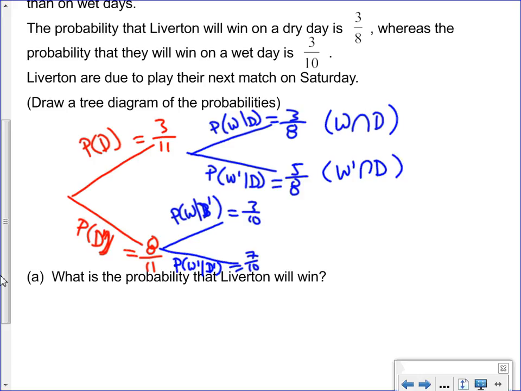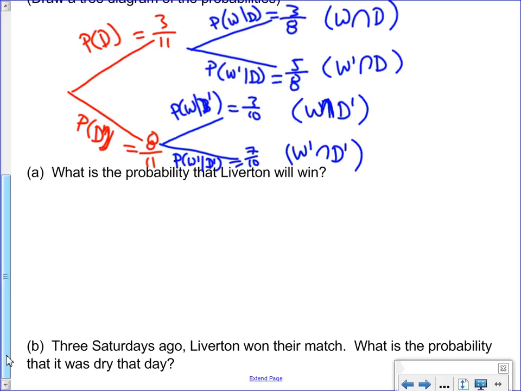This one would be win and not dry. And the multiplication of this line would give not win and not dry.